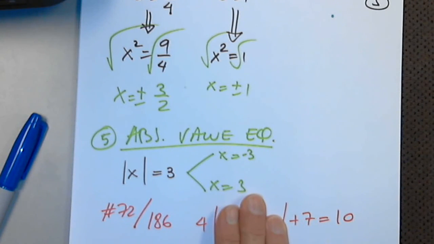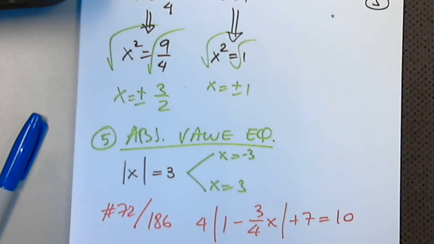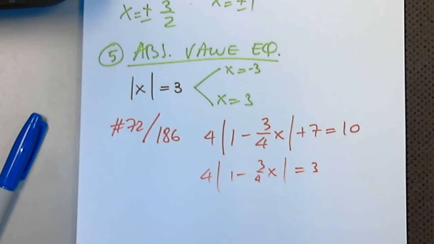Yes, but what step is first and what step is next? Subtract 7. Of course, I have to subtract 7 first. Okay, I subtracted 7. What will be the next step? Divide by 4. That's it.